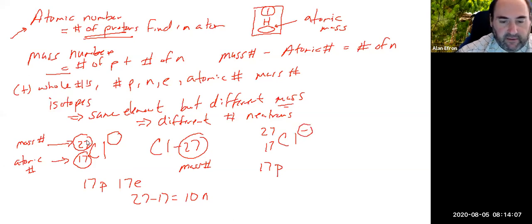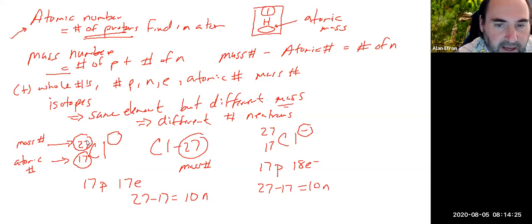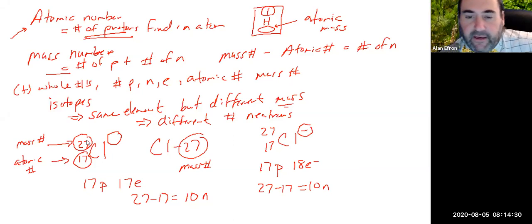Negative means that we gained electrons, so it would have 18 electrons. 17 positives and 18 negatives gives you that -1 left over, and we would still have our 27 minus 17 for 10 neutrons. So we talked about writing atomic numbers and mass numbers, and figuring out the number of protons, electrons, and neutrons. Those were important things to determine.